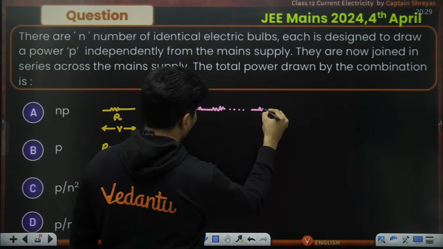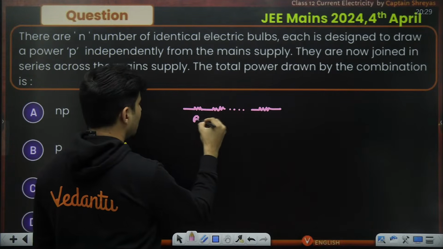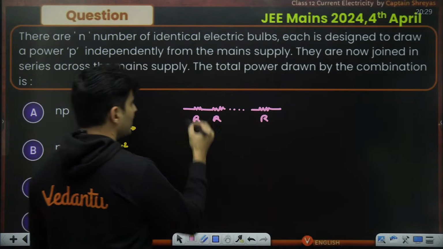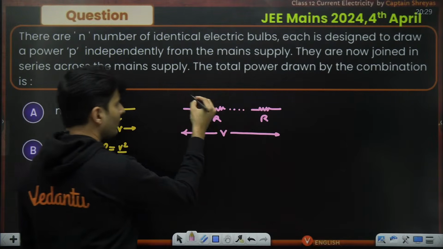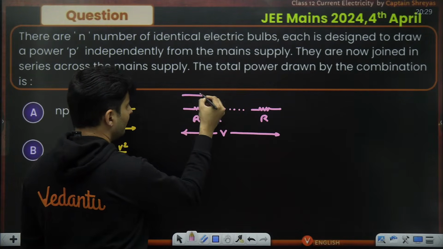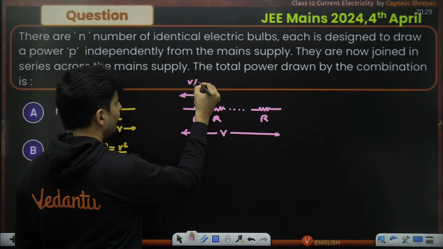N number of bulbs are there, each having resistance R. So if it is connected across the same voltage, each bulb will have a voltage of V by N.